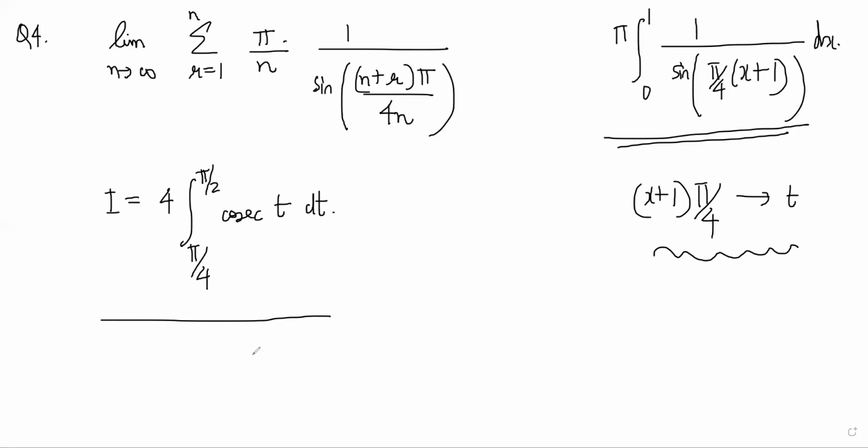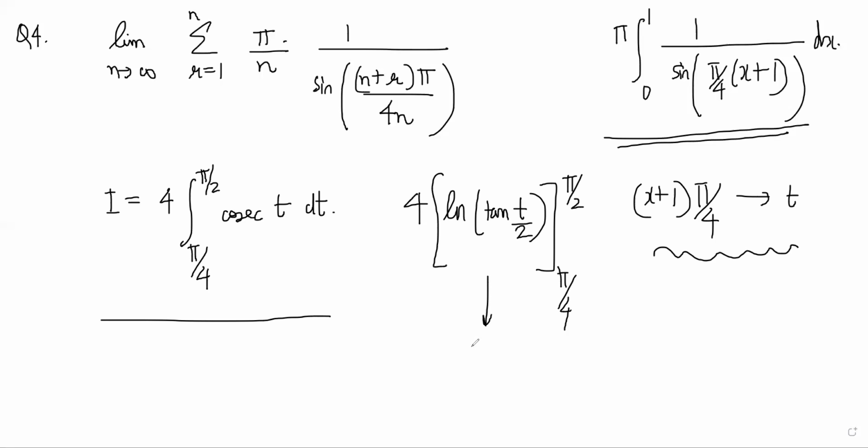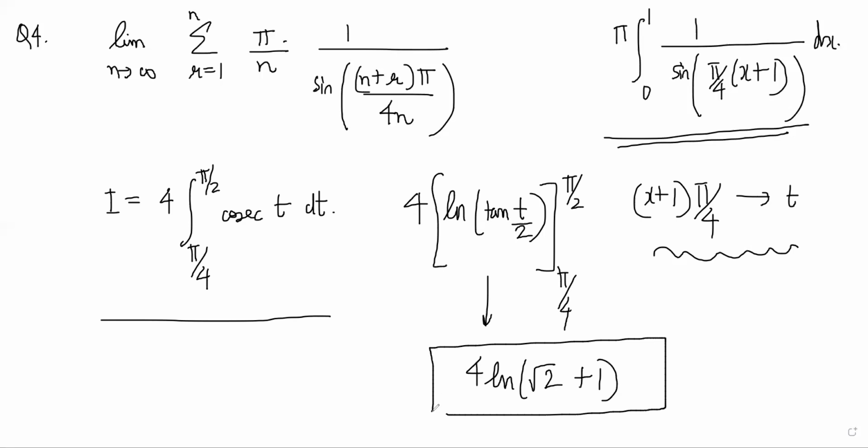So what is the value of the integration of cosec t? It is ln tan t by 2, and you have the factor 4 by pi here, and you have to evaluate this from pi by 4 to pi by 2. Your answer will come 4 by pi ln of root 2 plus 1. Okay.